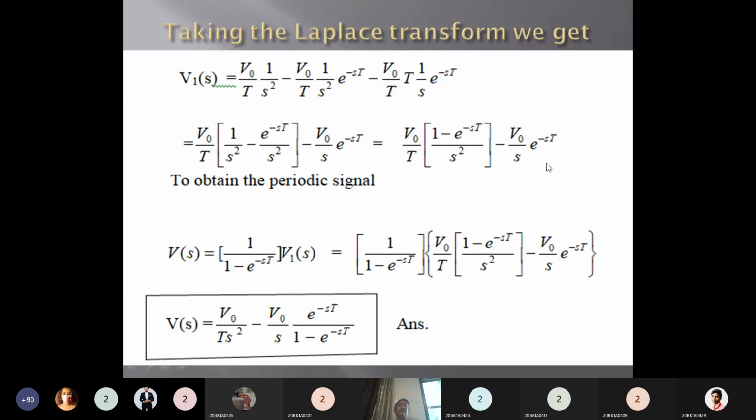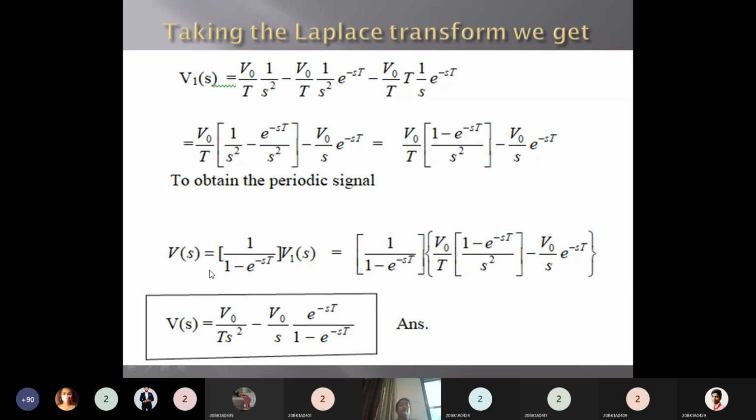Just further simplification, if you observe here, V naught by T into 1 minus e power minus ST by S square in the denominator, minus V naught by S into e power minus ST. This is actually the S domain response of one period of the wave which is given in the problem. Then you know already for a total periodic function, the Laplace transformation is V of S equals V1 of S into 1 by 1 minus e power minus Ts. V1 of S we have extracted here.